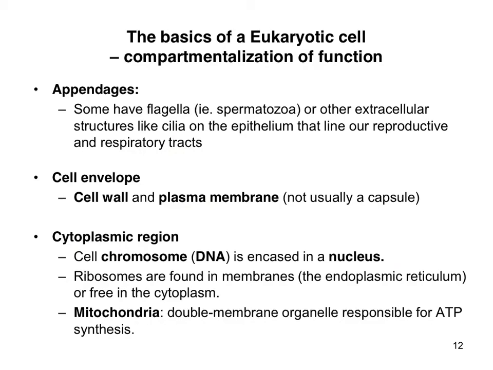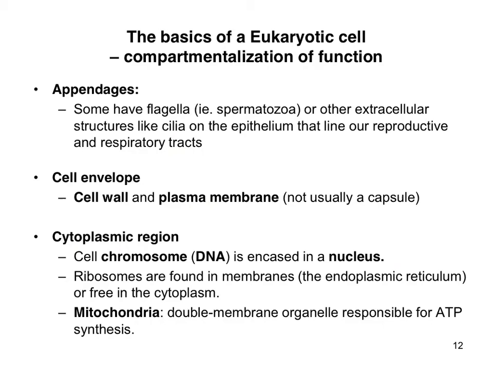Whenever you breathe, you're using respiratory epithelia lining your respiratory system, and there are cilia that move deep in your respiratory system, moving mucus up and out of your lungs. In fact, it's the impairment of those cilia from cigarette smoke that is one of the reasons that smokers are much more susceptible to respiratory infections. So they do have extracellular appendages, and they are made out of protein, and they typically play a role in motility, or movement.